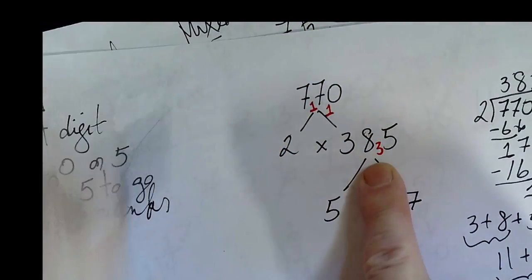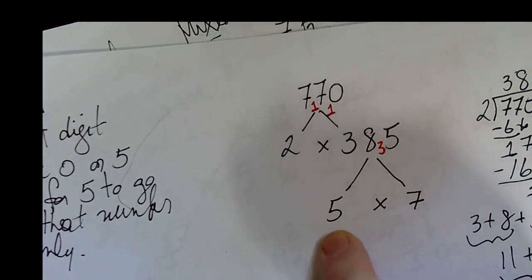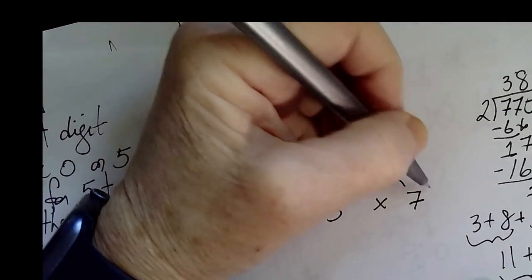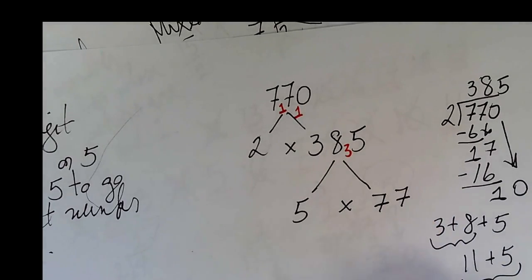So I'm going to put the 3 next to the next number. 5 goes into 35 7 times. No remainder, that's good. Does 5 go into 77?